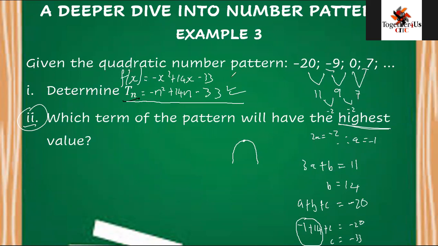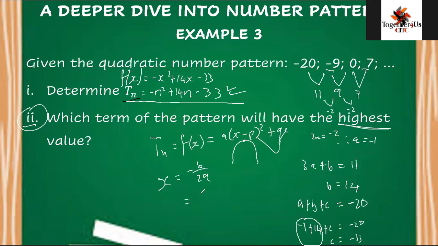So what we've got to do really is to find the coordinates of the turning point. And of course, you have two ways. You can either complete the square and have f(x) written in the form a(x - p) squared plus q. Then you know p and q are your turning point. Otherwise, we can use the fact that for the axis of symmetry, the x coordinate is -b over 2a.